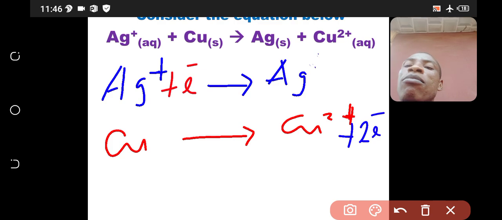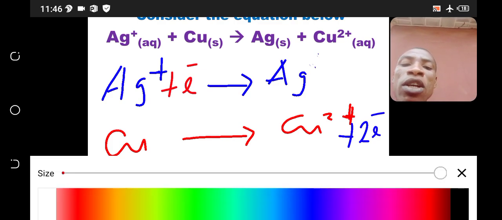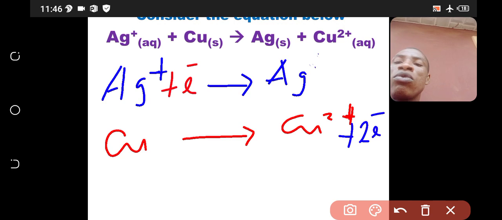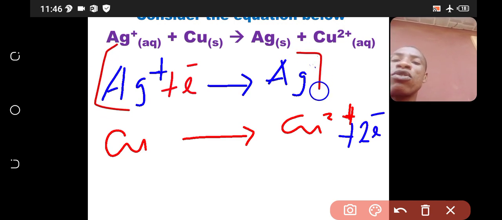Then next, to get a full redox equation, you make these 2 electrons equal. This is e- and 2e-. So what do you do to e- to make it 2e-? Just multiply the whole equation by 2.